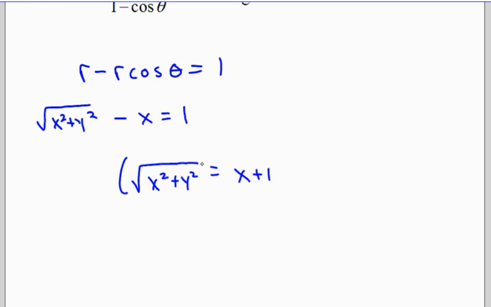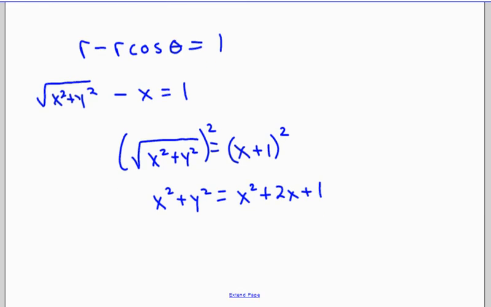And watch this. If I square both sides, then I'll get x squared plus y squared equals x squared plus 2x plus 1. And you guys, look at this. I could subtract the x squared from both sides, and it turns out that y squared would equal 2x plus 1.